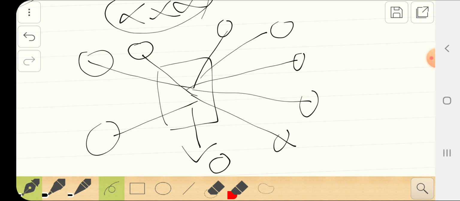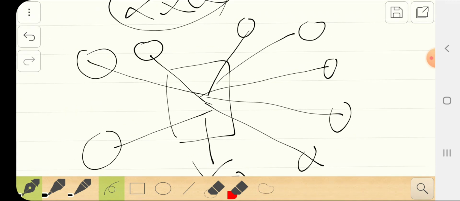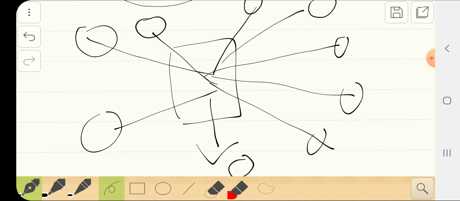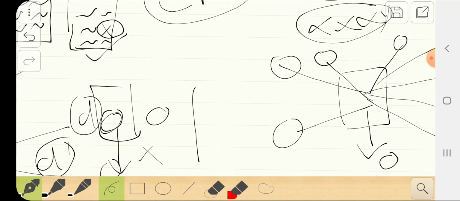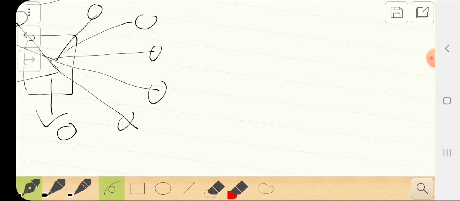Even anything moving will be the same. Is there such a frame where everything will be the same? Well, there isn't.